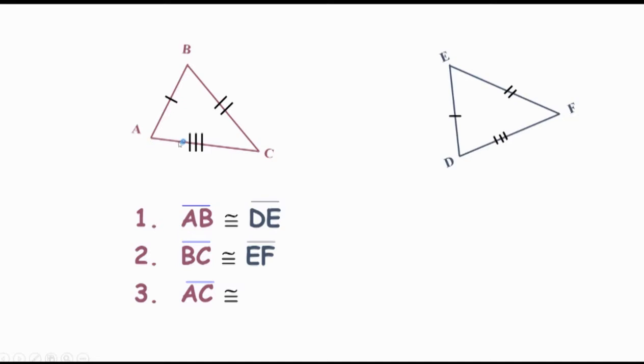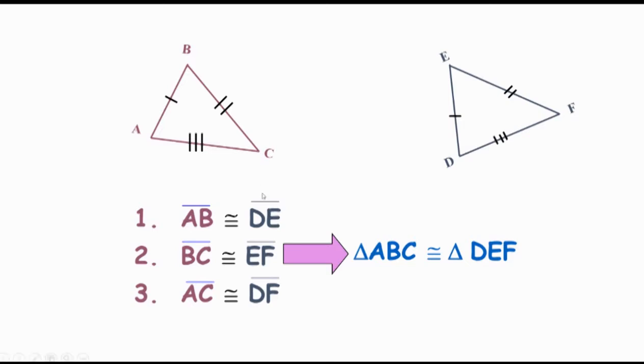And the third side has three slashes here. So we have side AC. We need to find the side in the other triangle that has three slashes as well, which is side DF. So we can say side AC is congruent to side DF. Therefore, we could say triangle ABC is congruent to triangle DEF.